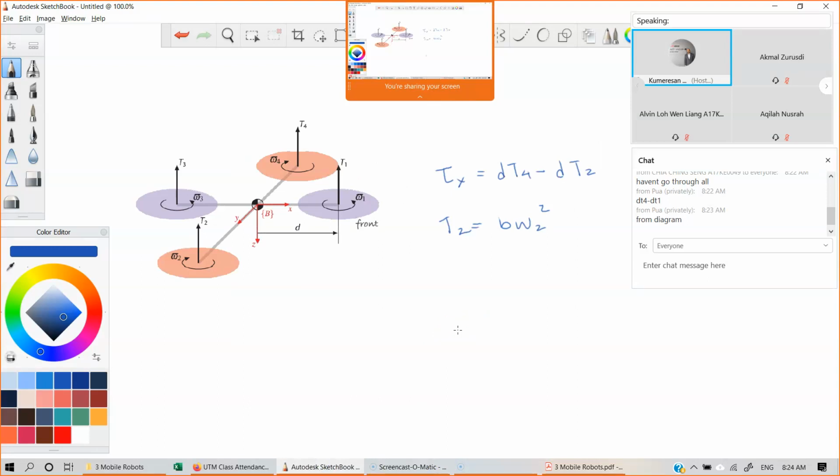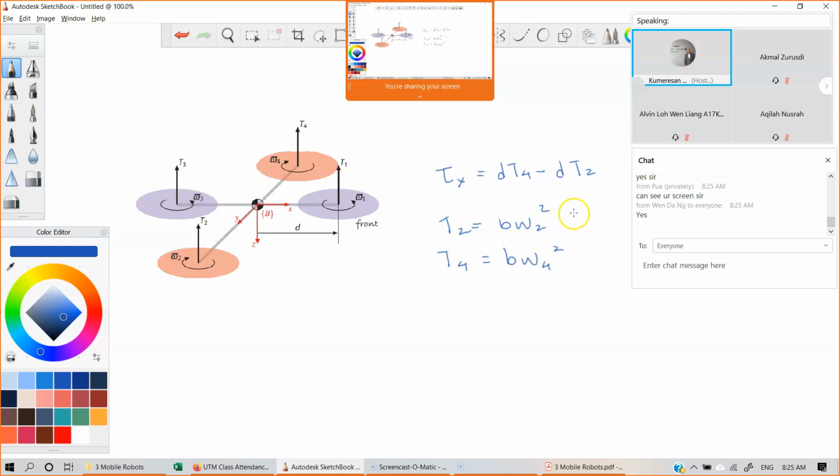Just want to check. Can you guys hear me? Can you guys see my screen that I'm drawing? I'm writing something. Okay. All right. Good. Thank you. Then T4, thrust number 4, which is this one, is b omega 4 squared.